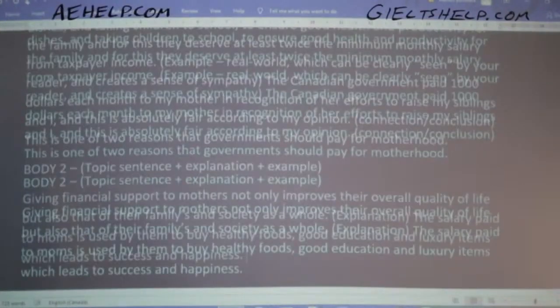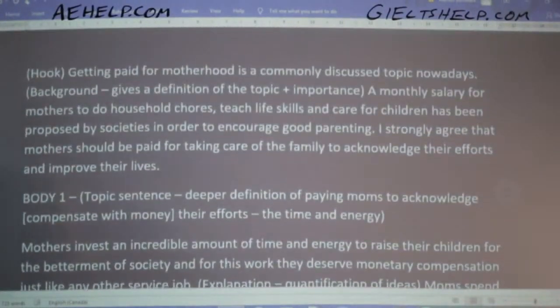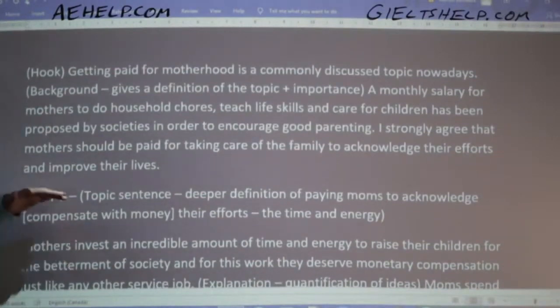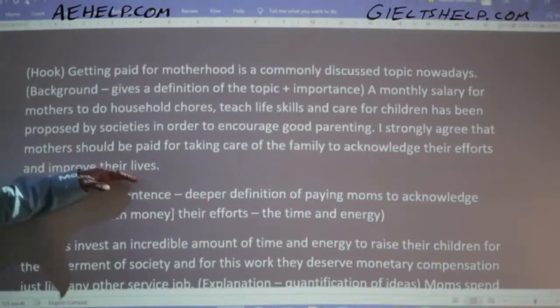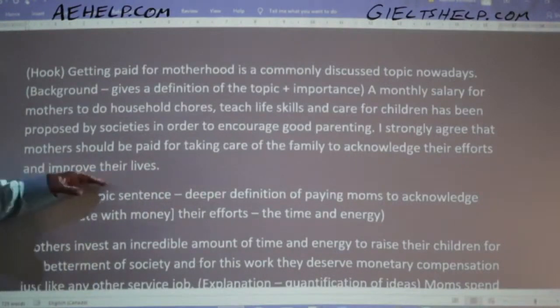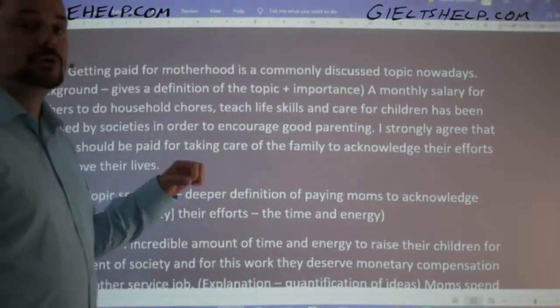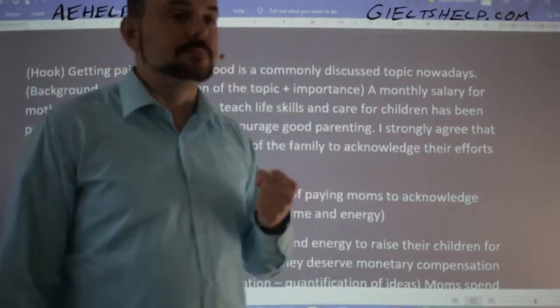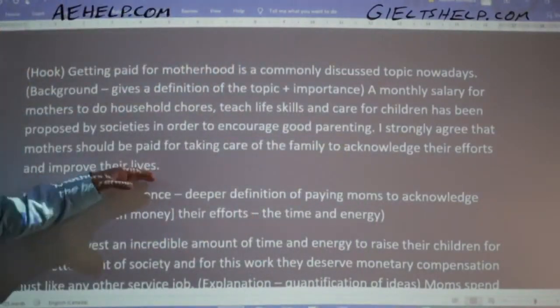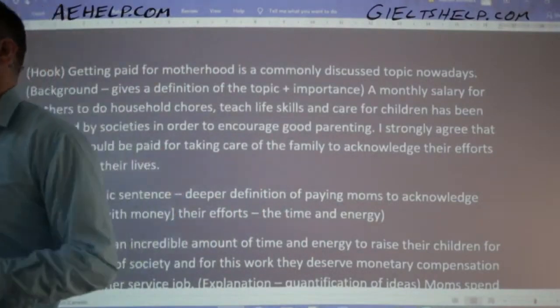Students, don't forget that in your body paragraphs, you have to reflect the thesis point, improve their lives. So successful life, better life quality, happier lives. Those are the synonyms that you should be thinking of for your second thesis point here.